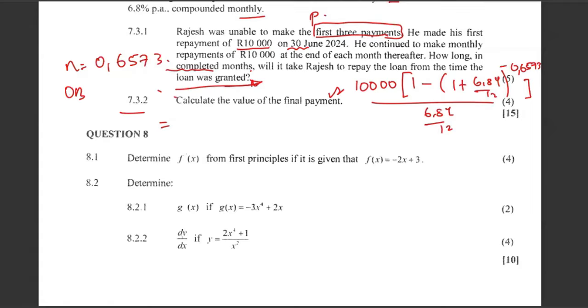That's 10,000 into 1 minus 1 plus 6.8% over 12 to the exponent of negative 0.6573 over the 6.8% over 4.